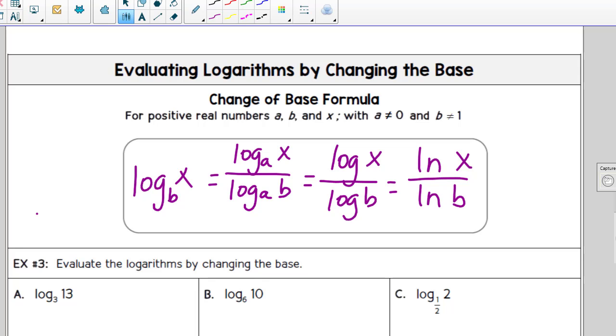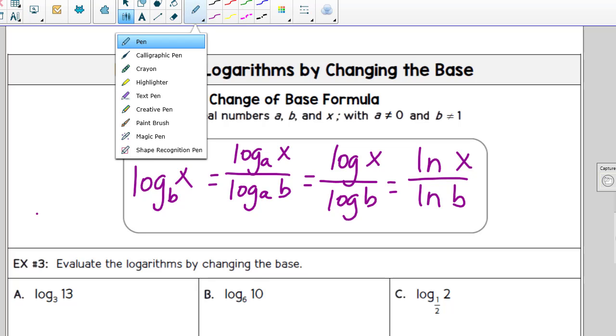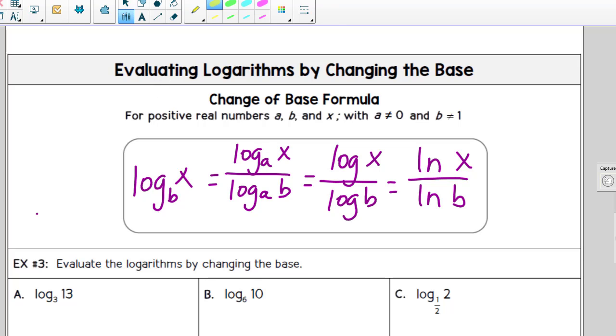All right, so how do we analyze this? In our original statement, b is the what? It's the base, right? And notice that b ends up on the bottom, right? Okay. And then log x, that's what we're taking the log of. Where is that? It's on the top.